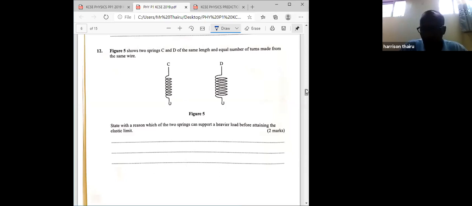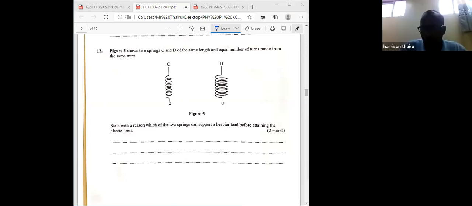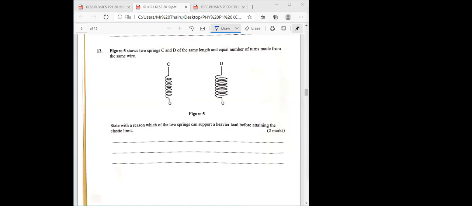So let's have a vote here. Agustin Kaguma, which one do you think is going to support a heavier load? Agustin? Agustin? Agustin, we are waiting for you. Agustin?